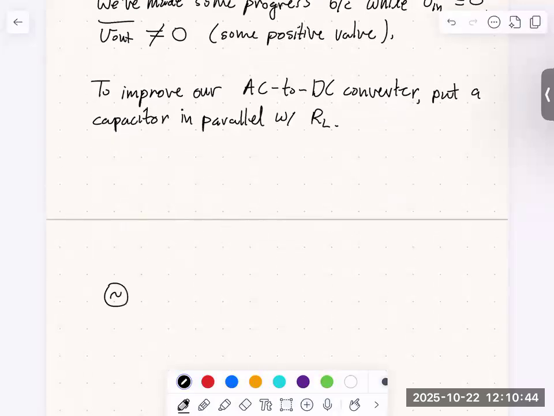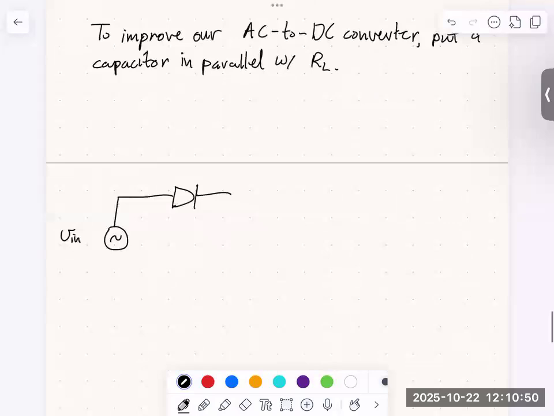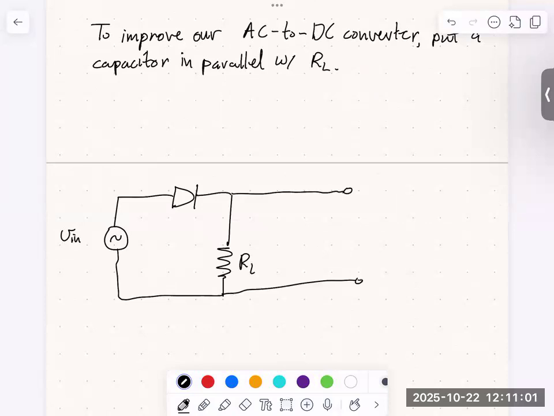So here's our input V in. There's our diode. We're going to have our RL. We'll close our circuit. So this was what we had originally. We had this V out measured across RL. So now the addition is we're going to add a component. We're going to add this capacitor C in parallel with RL.